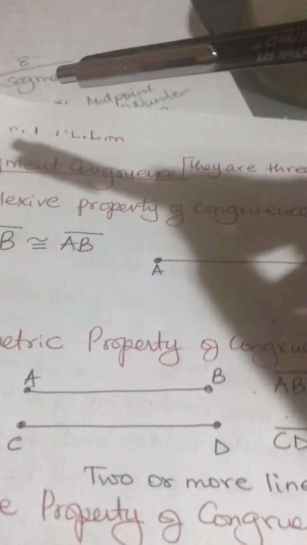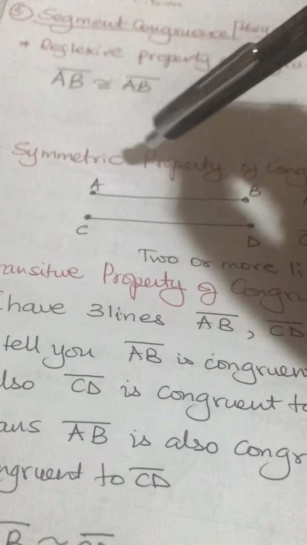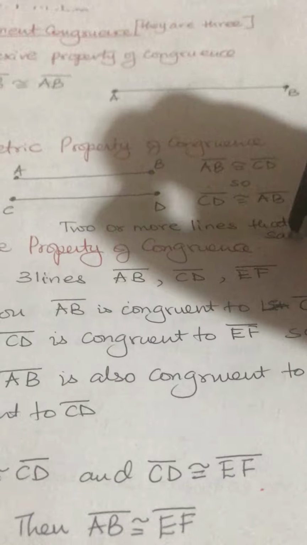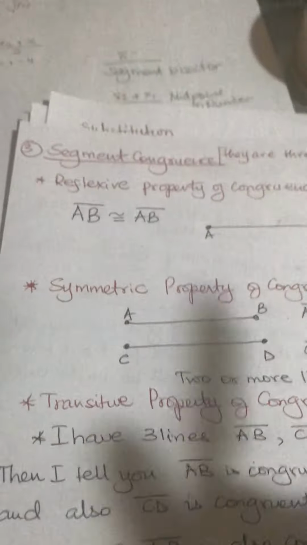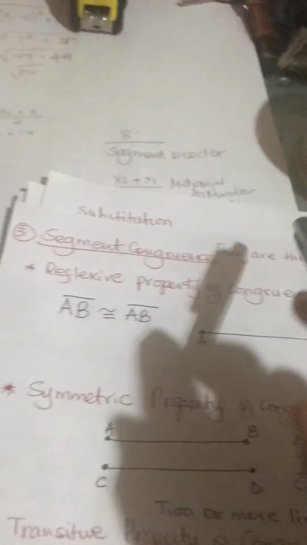So you have reflexive property of congruence, and you have symmetric property of congruence, and you have transitive property of congruence. Okay? Now, let me explain reflexive property of congruence.